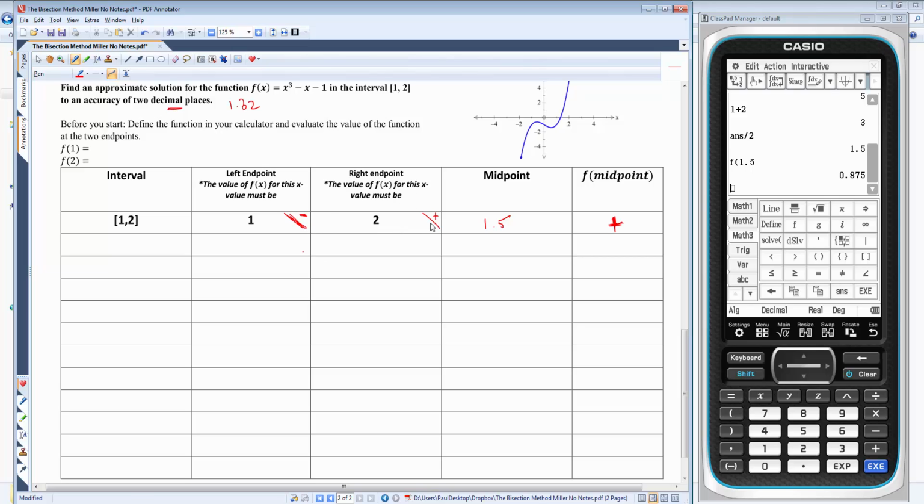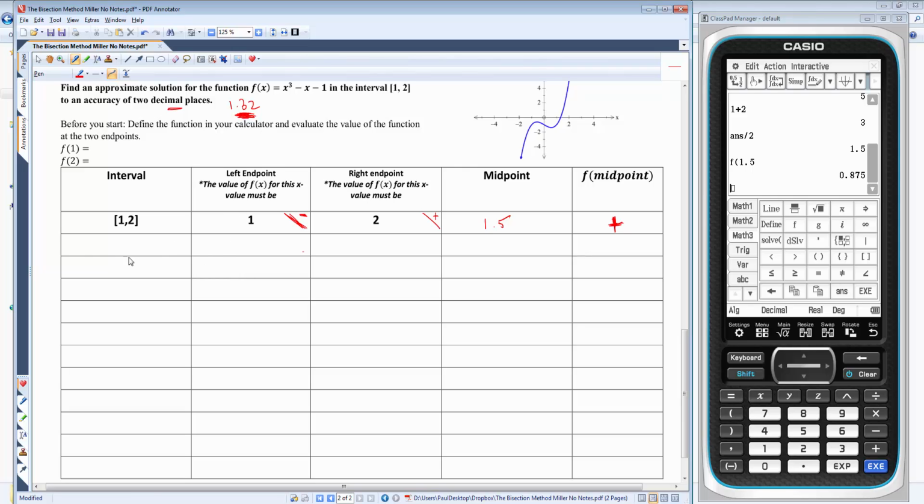My midpoint is positive, 2 is positive, so it can't be between 1.5 and 2. 1 is negative, 1.5 is positive, so it's between 1 and 1.5, and we already know this because we know the answer is 1.32.